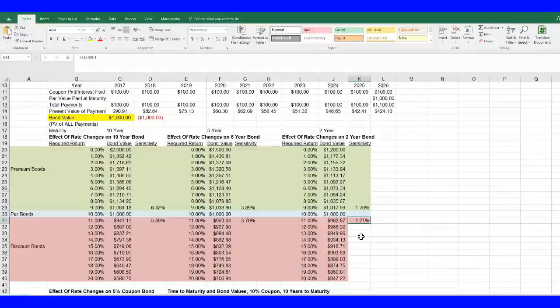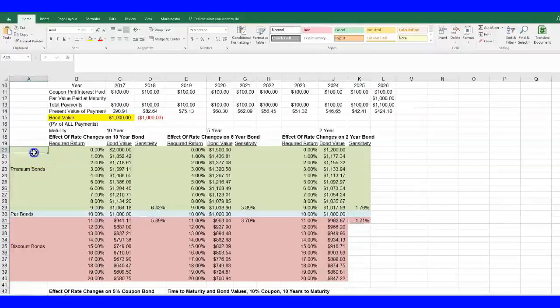So we can see that the longer the maturity of the bond, the more sensitive the bond is to changes in interest rate. That's what we refer to as interest rate risk or maturity risk. Bonds with longer maturities are more sensitive to interest rate changes than are bonds with short maturities.